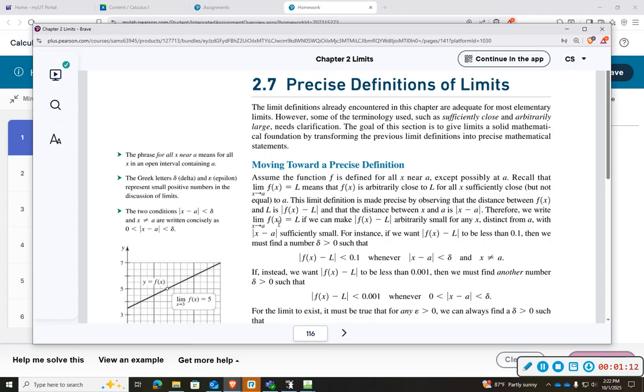And so therefore they can write the limit of f of x as x goes to a is equal to L if we can make the distance between f of x and L arbitrarily small, so the absolute value of that really small, for any x value distinct from a, where x minus a is also sufficiently small.